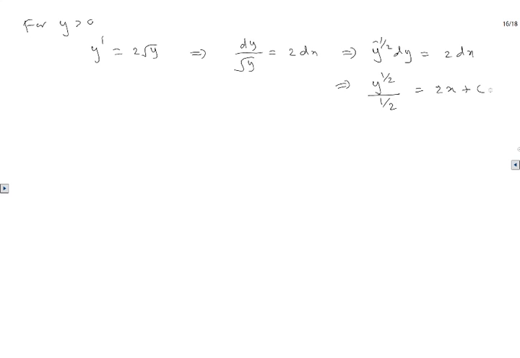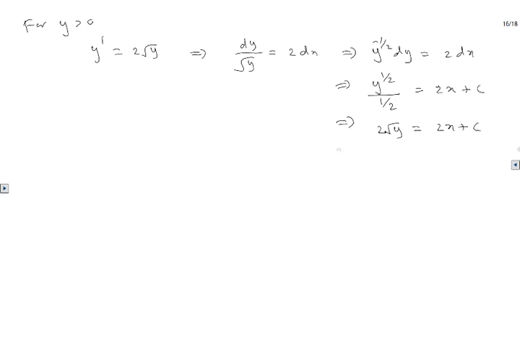Now what you can do is square both sides. So this simply gives you 2 square root y equal 2x plus c.